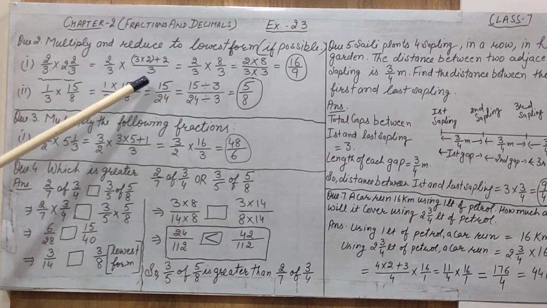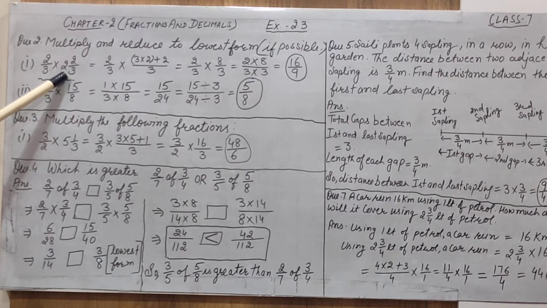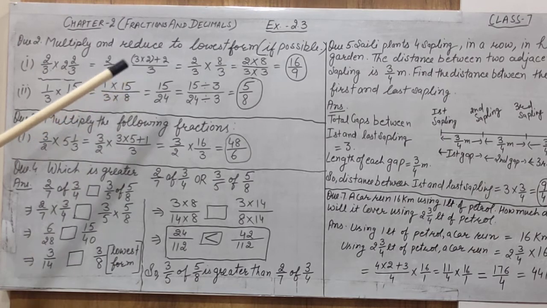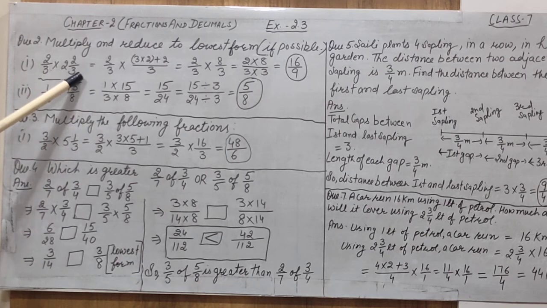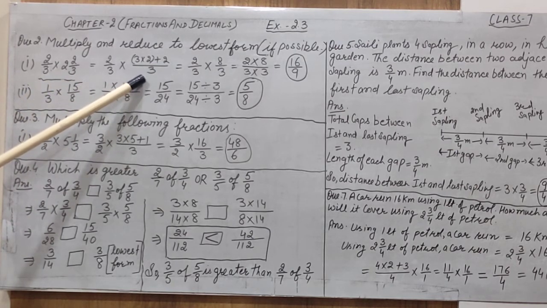And the denominator of this improper fraction is as usual, that is 3 is the denominator of mixed fraction and 3 is the denominator of improper fraction. So first of all, when we want to multiply any two fractional numbers, if one fractional number is in the form of the mixed fraction, you must change that mixed fraction into an improper fraction.